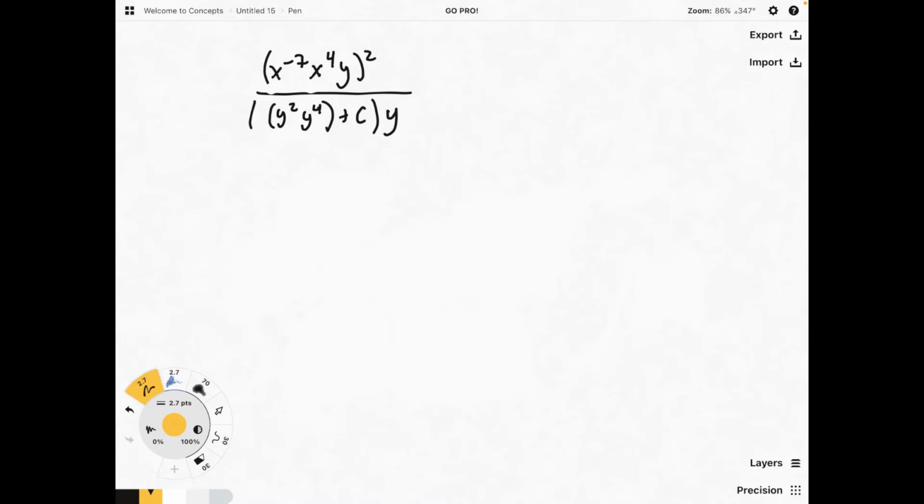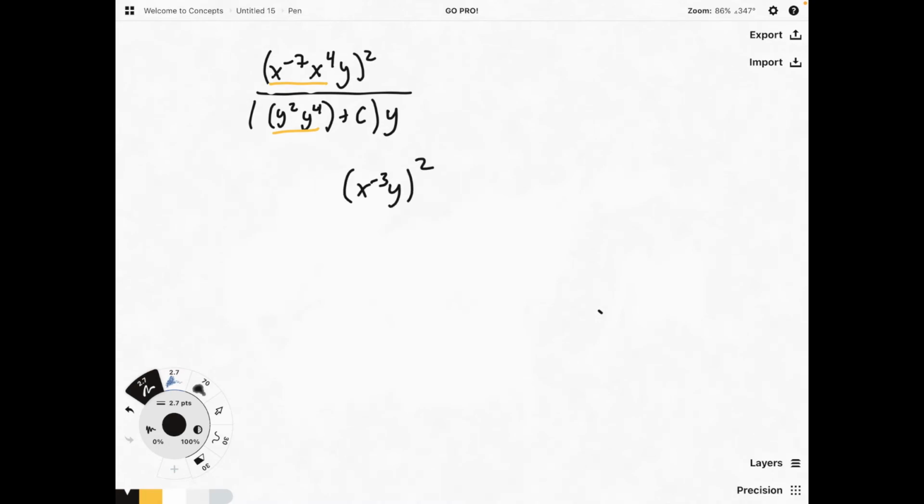Okay, so I see that we could combine these terms and these terms. From our rules, if we have the same base, all we need to do is add the exponents together. So that's what I'm going to start by doing. And we have negative 7 plus 4 is x to the negative 3. And then this multiplied by y.